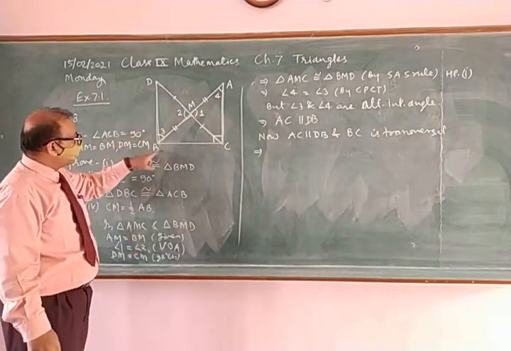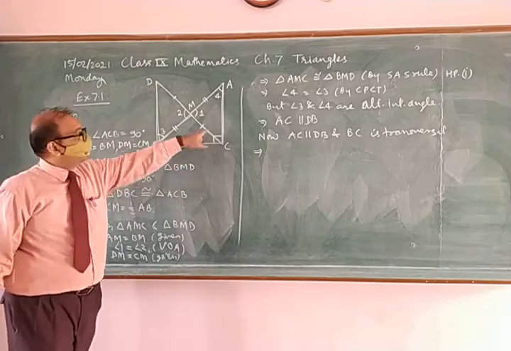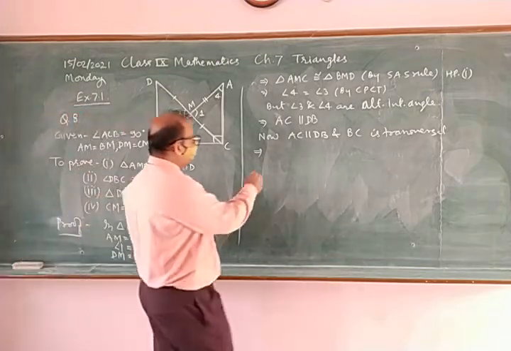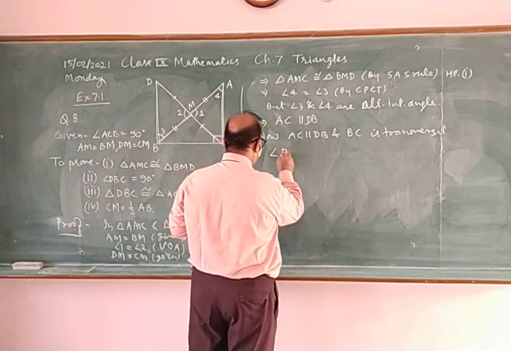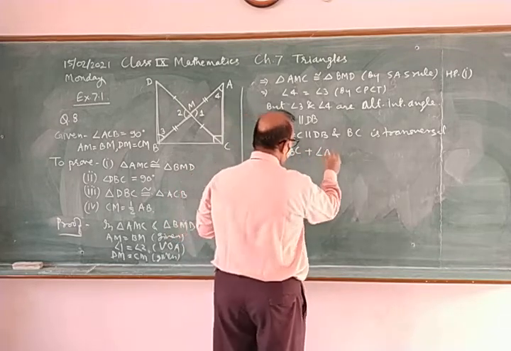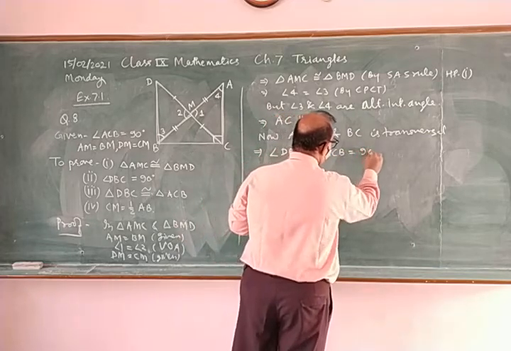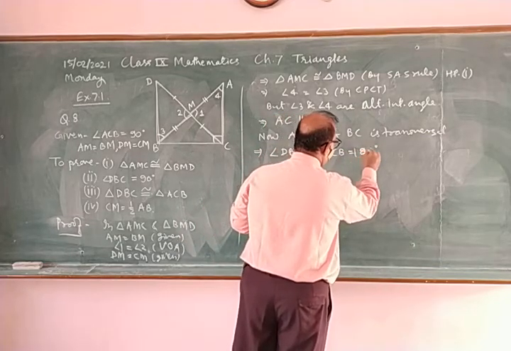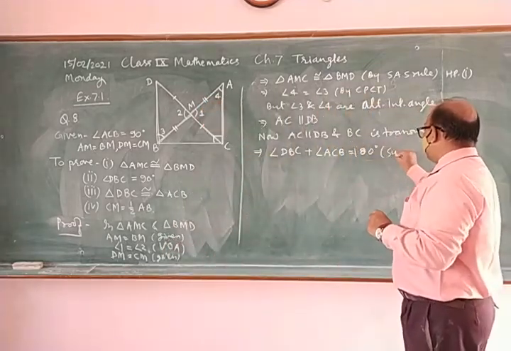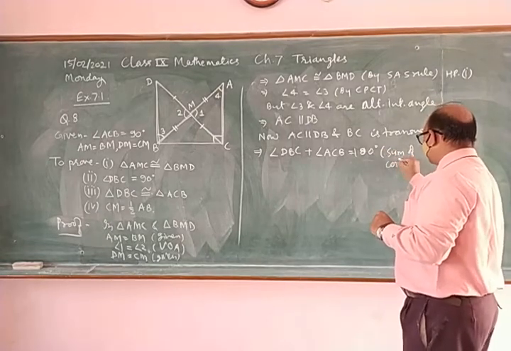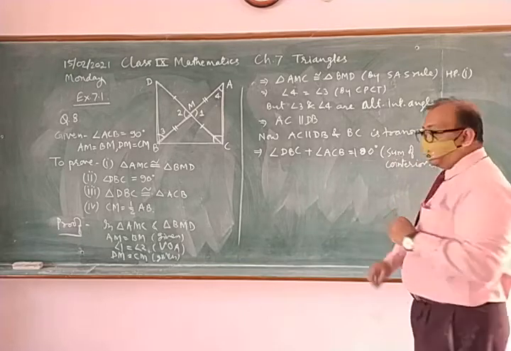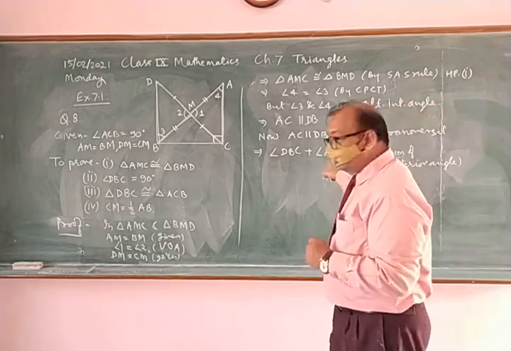Therefore, angle DBC plus angle ACB is equal to 180 degrees, the sum of co-interior angles. Now angle ACB is 90 degrees.